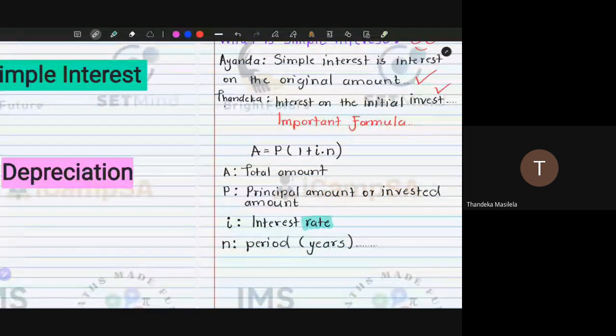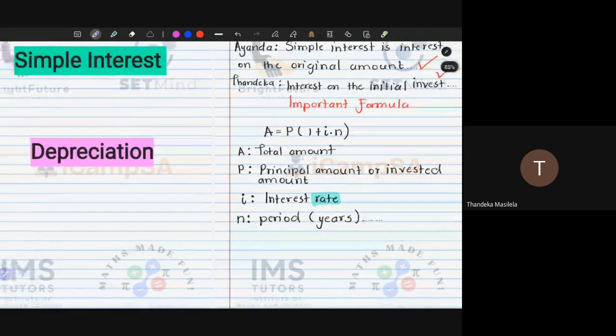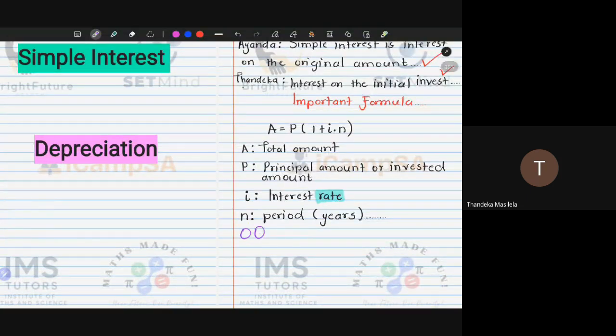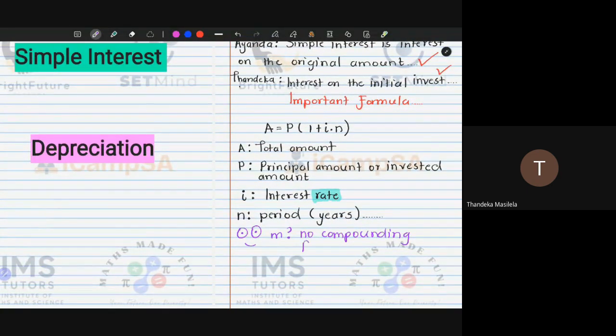So this important formula of ours for simple interest is extremely easy, isn't it, guys? If you look carefully, there's no compounding period, so we should be smiling because we don't need to deal with M. If you remember the previous session, we were worried, what is the compounding period?